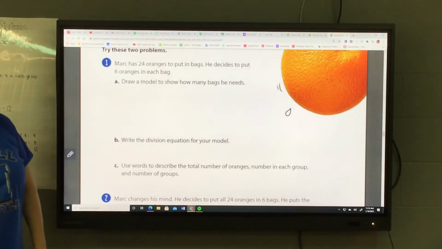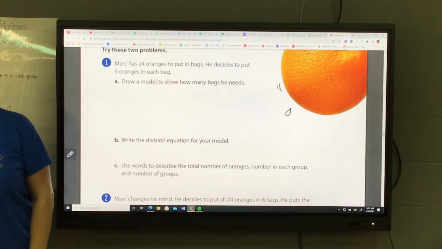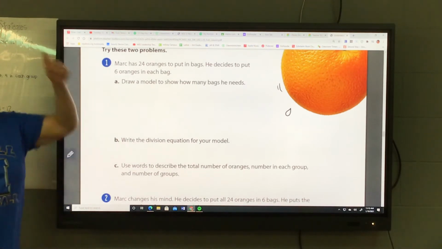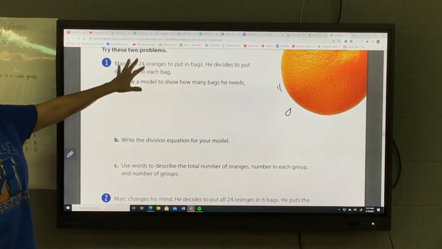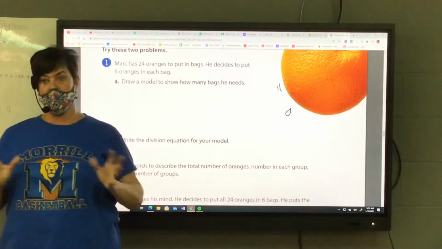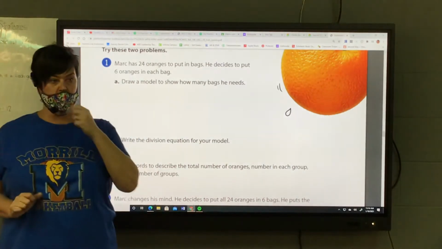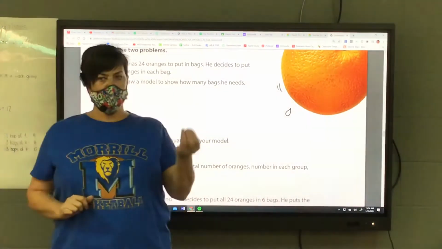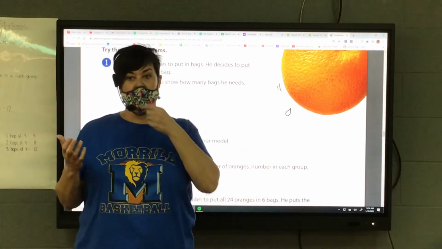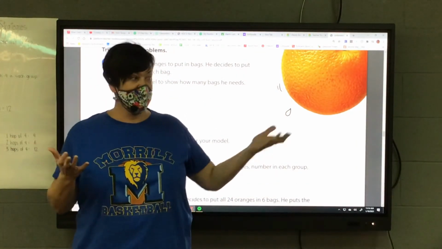Draw a model to show how many bags he needs. So it's just like what we've been doing on the previous pages. We know he starts out with how many in all? 24. How many are going into each of those groups? 6. We have to figure out how many bags he needs.